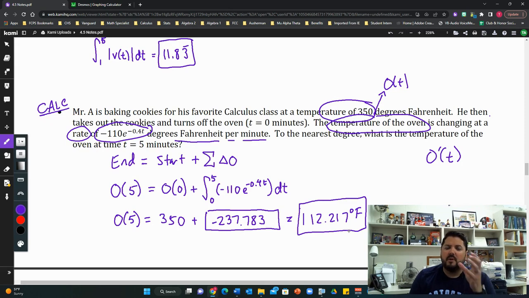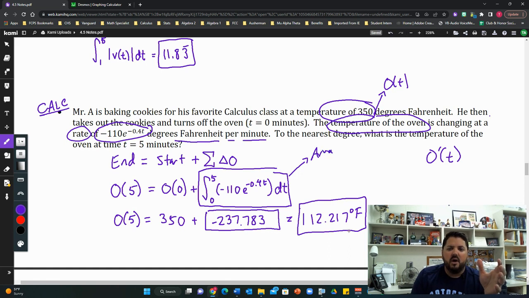Now, if we really think about the units here, let's go back to this integral real quick. The function that I was integrating, the other interpretation of this is the area under the graph of this exponential guy. In this case, it is a negative exponential function, so it looks something like this, okay? So it's upside down and it's approaching 0.